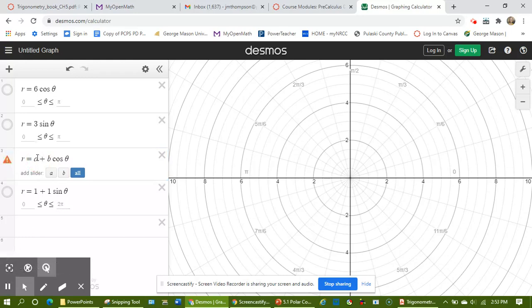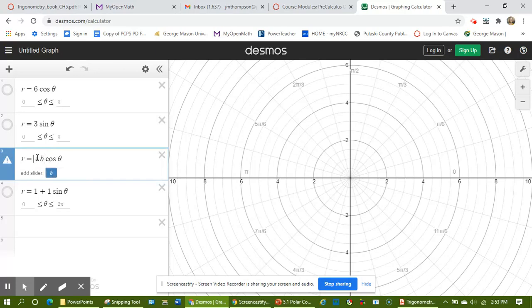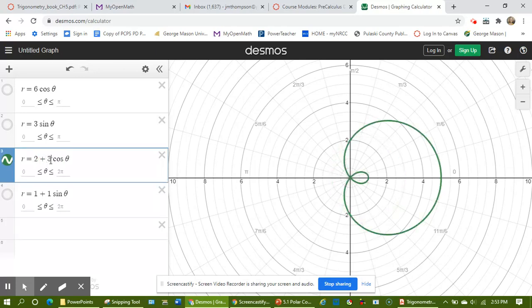So if we have an a of, let's say, 2 and a b of 3, you can see that a over b is 2/3, which is 0.67, which is less than 1. So if your a over your b is less than 1, then you get an inner loop.